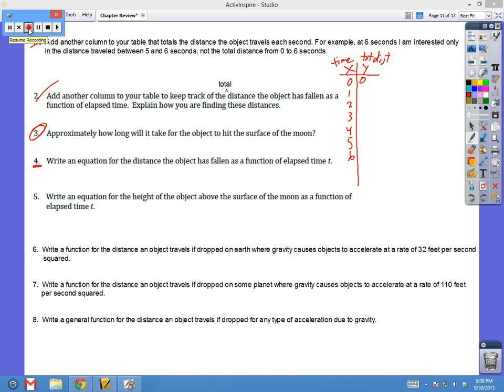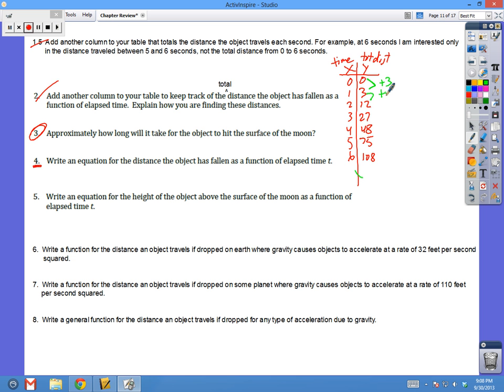Okay, at 1 second he traveled 3 feet. At 2 the total was 12, then 27, then 48, 75, and 108. So if I look at this pattern, I find out how fast it's growing. 0 to 3, that went up 3. 3 to 12 is up 9.